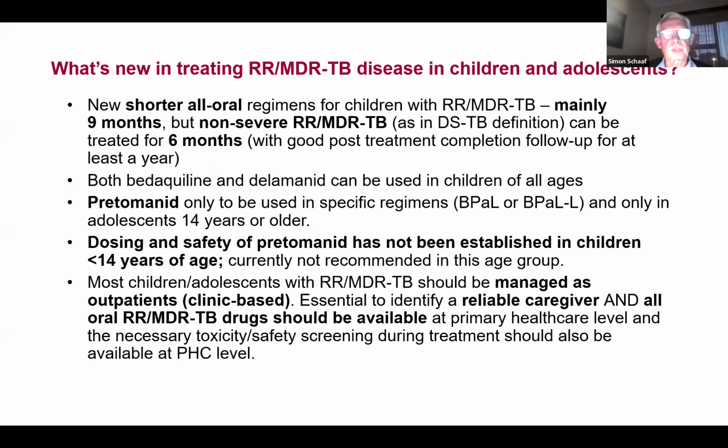These children may be treated for 6 months only, and only those with RIF mono, MDR, or maybe pre-XDR TB. All the others should be treated for 9 months and even longer, especially the XDR TB, which is very complicated.